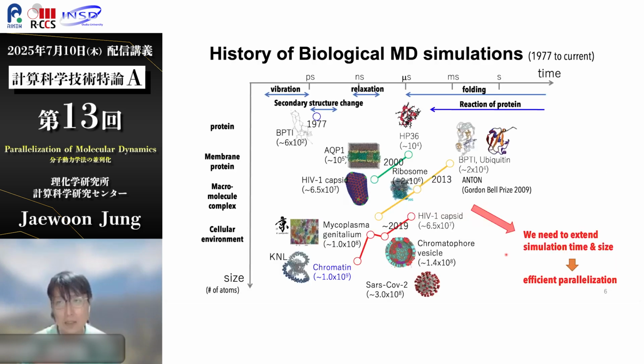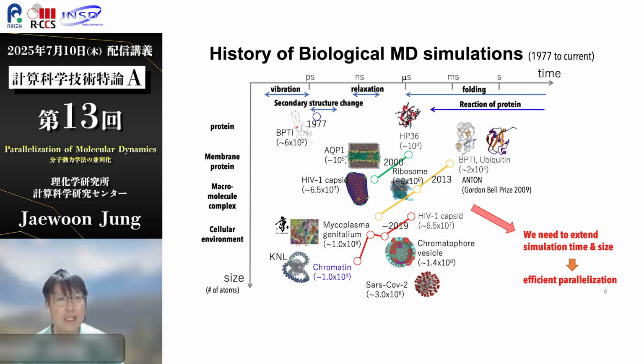And this is the history of biological MD simulations. The first MD simulation was done in 1977 for the BPTI protein. In this case, they did not consider water molecules. They just considered the BPTI protein without water molecules, which consists of around 600 atoms.